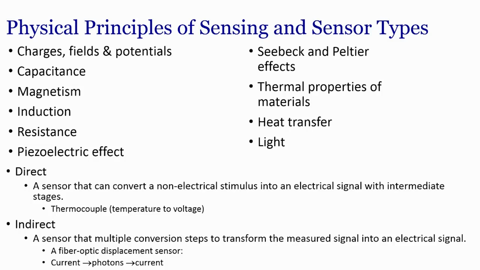An indirect sensor is a sensor that requires multiple conversion steps to transform the measured signal into an electrical signal. For example, a fiber optic displacement sensor, where first there is a current, which converts to photons, and again converts to current. These are the two types of sensors, and let us learn the types of actuators in the next module.